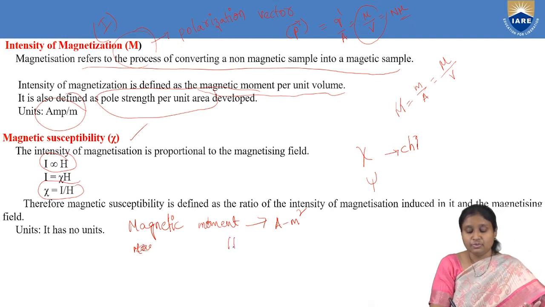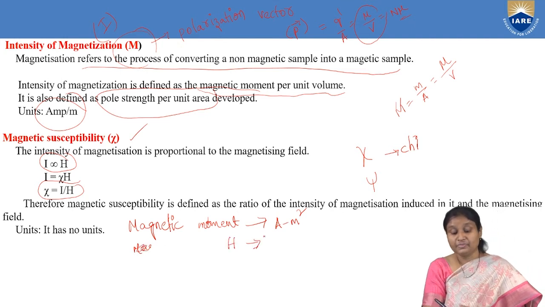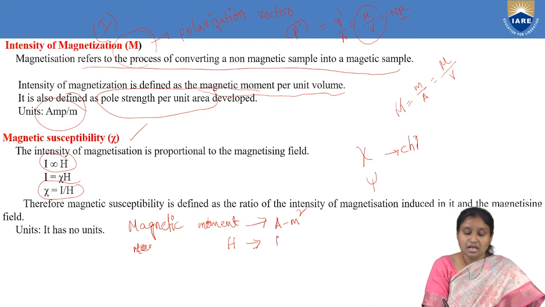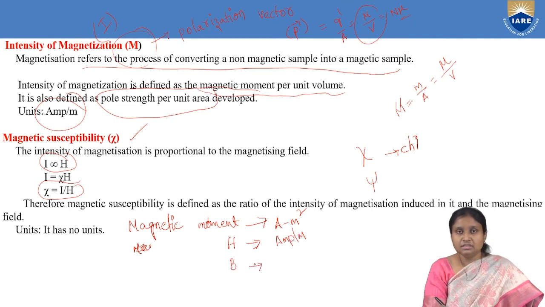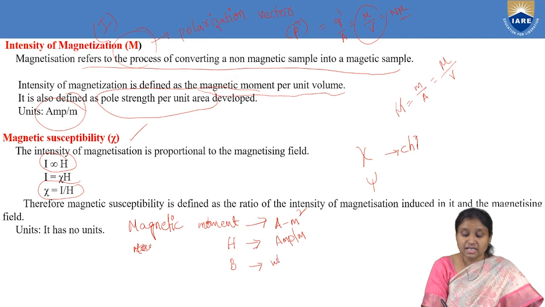Then H is our magnetizing field or magnetic field intensity, and units are ampere per meter. Then we have taken magnetic induction, which we call magnetic lines of force per unit area, phi by A. It is taken as Weber per meter square or Tesla.